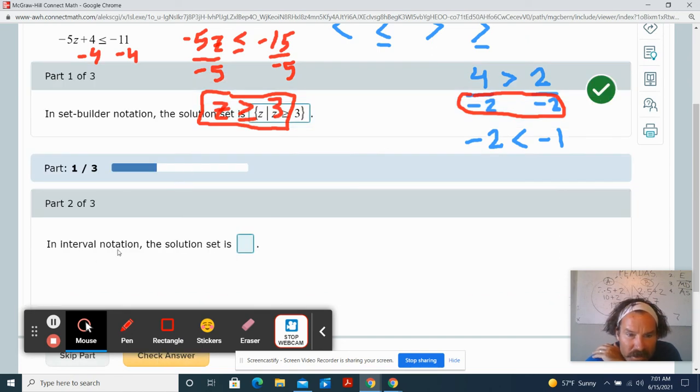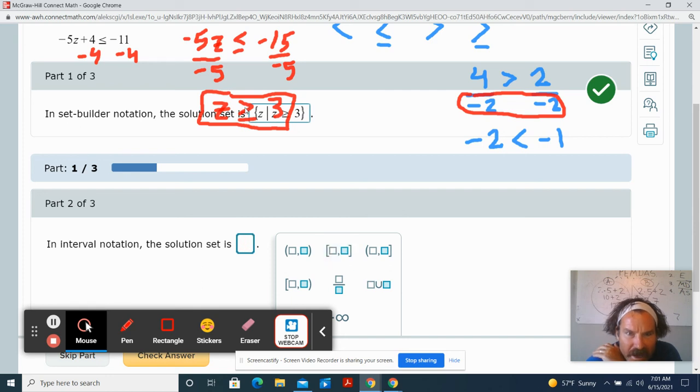Interval notation is a different way of writing the same thing. Z is greater than or equal to 3. Let me show you what interval notation is about. If you notice the rounded parentheses and then the brackets, if you have a greater than or equal to sign, you use the brackets.